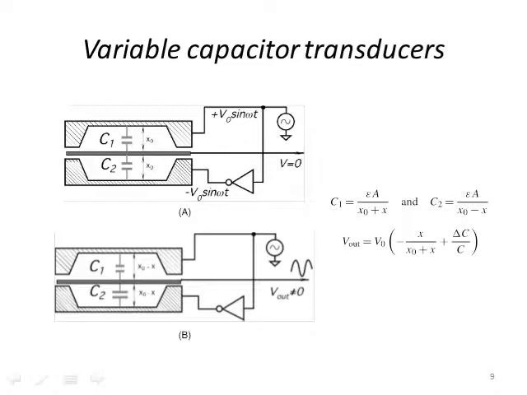And then we're able to decode that change in capacitance to an amount of displacement that the plate moved. And in this case, the upper plates are in a fixed position, and the central plate is moving in the Z direction.